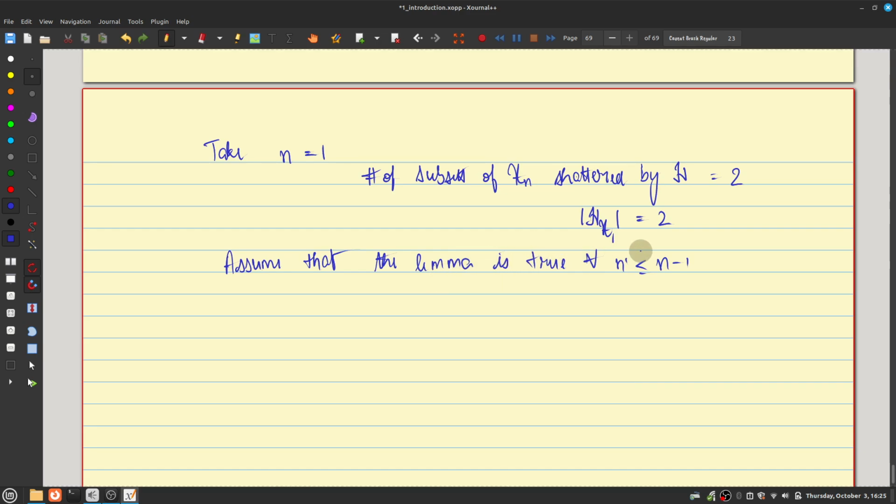When I say that the lemma is true for all n prime, I'm saying that it is true for all subsets of size at most n minus 1.